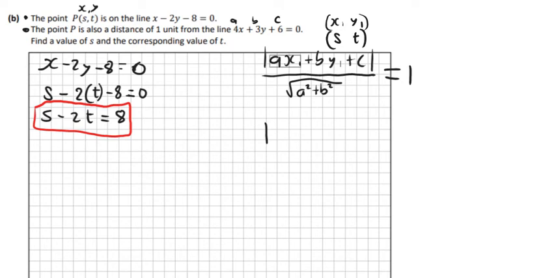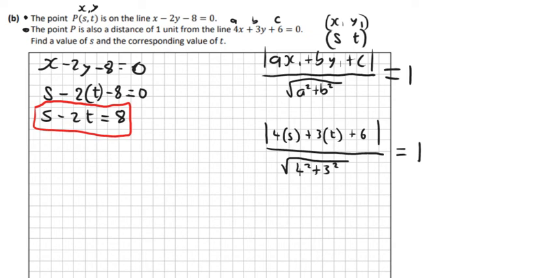So you need to leave your absolute value signs there anyway. So a is 4, x1 is s, plus b is 3, and y1 is t, plus c, so plus 6, all over the root of 4 squared plus 3 squared, so equals 1.